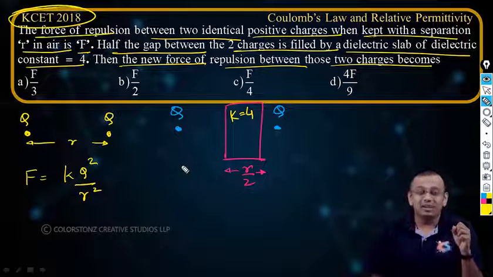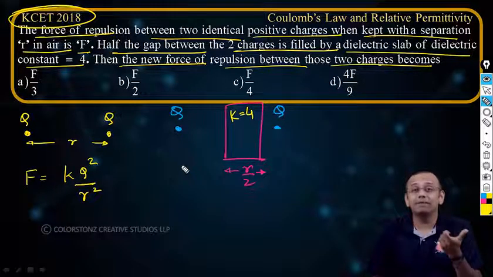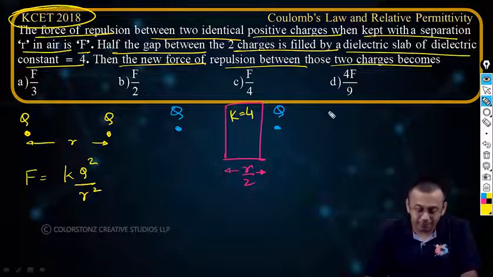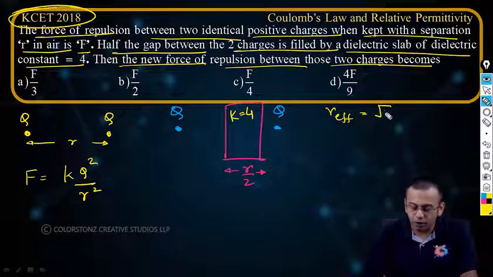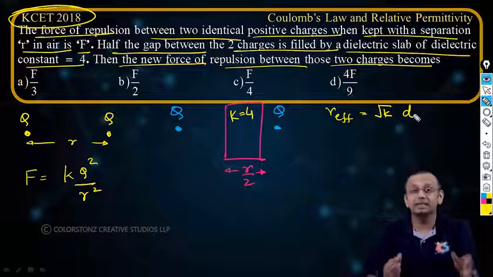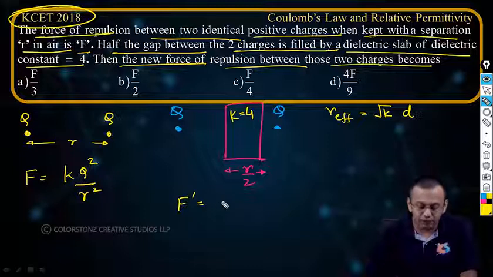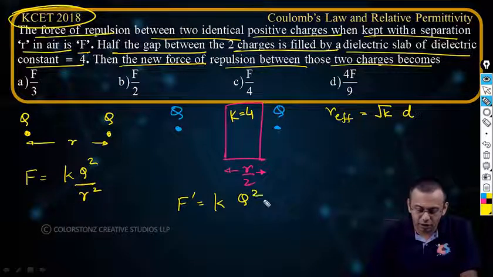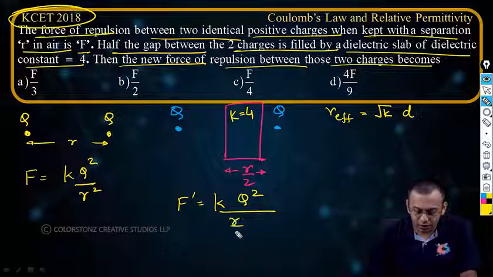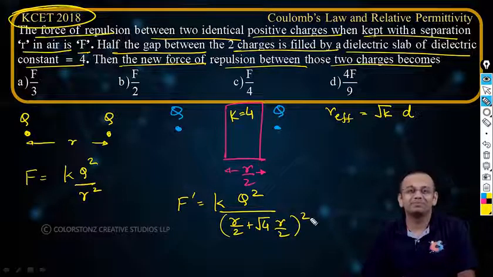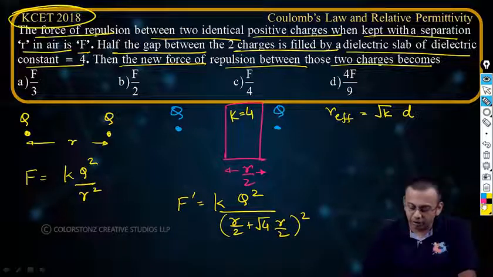For such a case, we have to look at the effective distance. And the effective distance when there is a medium is given by root K into the distance covered by the dielectric. And therefore, the F dash, new force, is going to become KQ square upon R by 2 plus root 4 into R by 2, whole square. Root 4 is nothing but 2. So it will get cancelled with this 2.